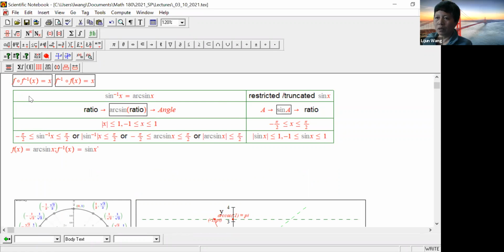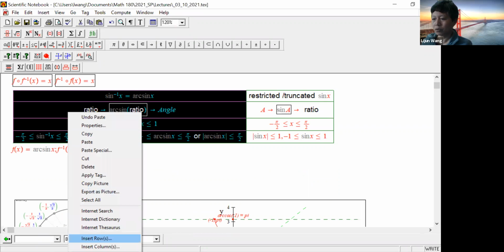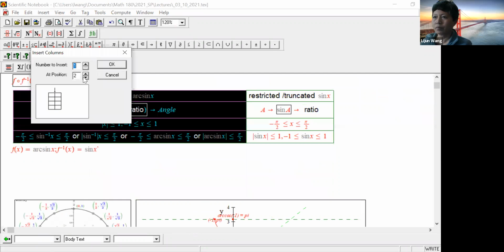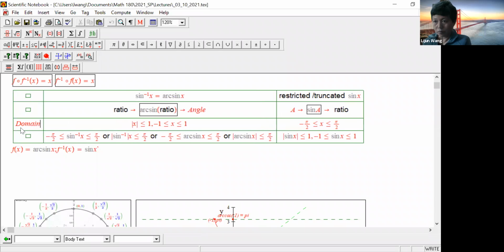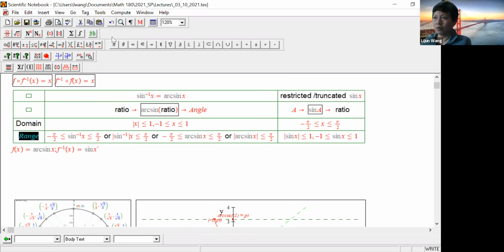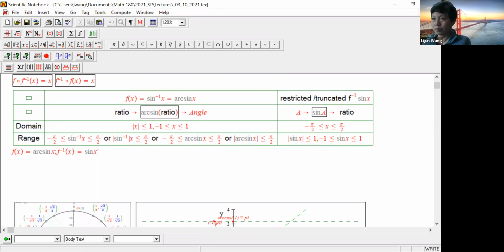Now, domain and range. Do you follow me? So this will be f of x, and this guy is f inverse of x.